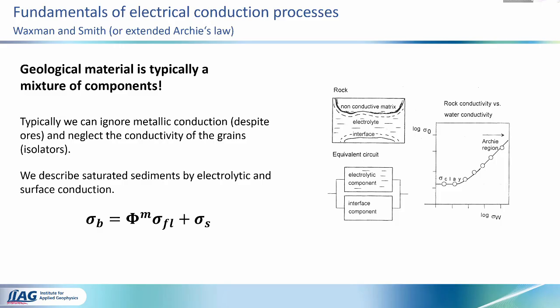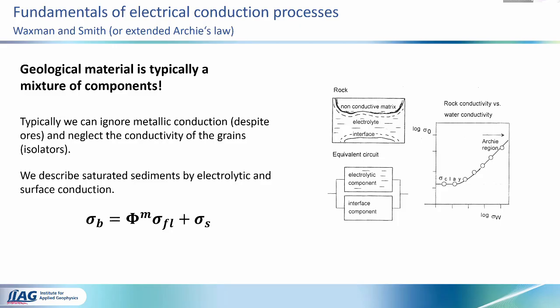So this is all what comes from the ionic conductivity. And then we have the surface conductivity, and that's what I mentioned before. Whenever there are some ions attached to the surface of the grains, we have the so-called surface conductivity, and all together gives us the bulk conductivity. So we are describing saturated sediments by this electrolytic and surface conductivity.